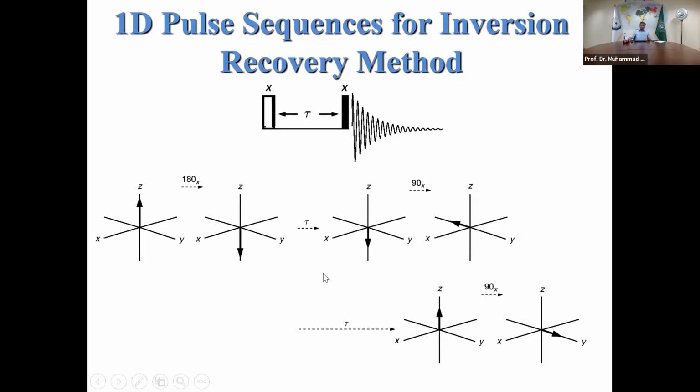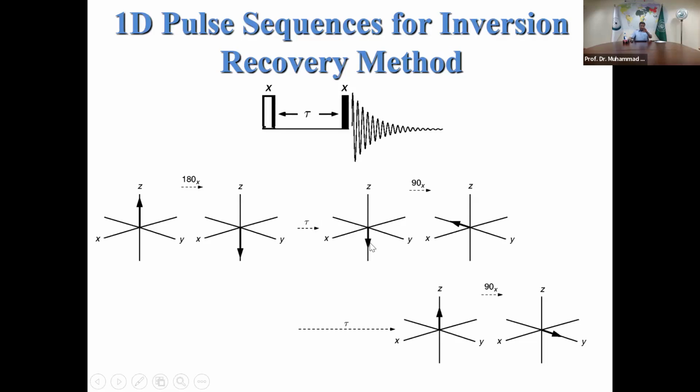You record the FID. In the second experiment, you wait for 1 second. One second means that this magnetization vector will shrink, because some spins will relax back to Z. So the magnitude of this vector will shrink.